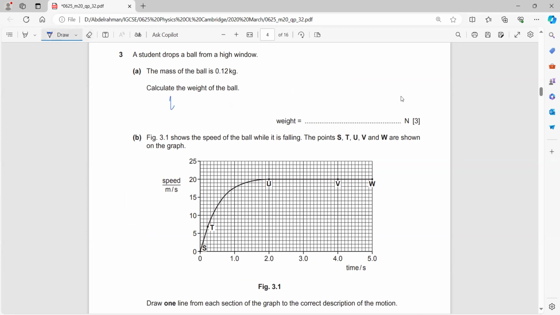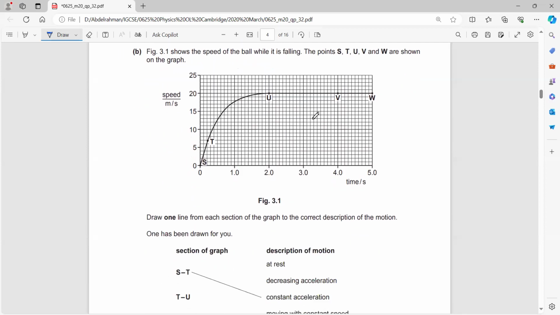What's g? 9.8. 0.12 times 9.8, which is equal to almost 1.2, or 1.176. But if the mass is in grams, we have to change it to kilograms. The mass has to be in kilograms. If it was in grams, you have to change it to kilograms. Correct.